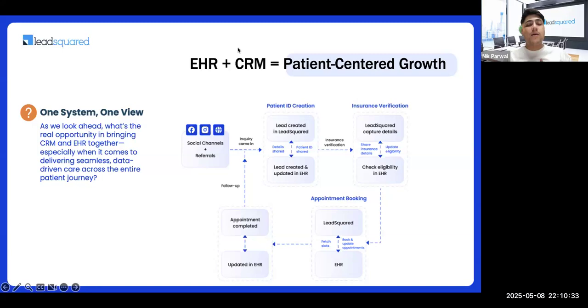In my opinion, the real opportunity is leveraging the data from every step or every milestone of the patient's journey, and using that data to communicate back to them, whether it's sending them information, or informing the referring provider or their case manager, saying, hey, you sent us this referral, just wanted to keep you updated on the patient's journey so far. That's the level of engagement that will encourage them to send more referrals your way, or letting the patients know, hey, this is what you can expect next in your care journey.